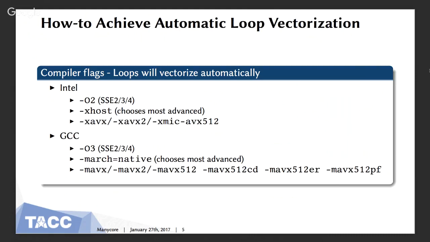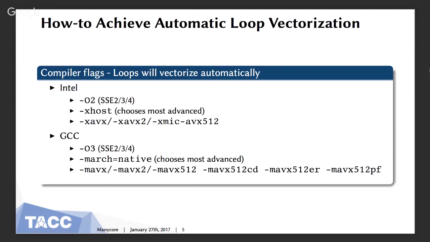If you weren't here this morning, optimization levels range from 0 to 3, with 0 being the least optimized, really not optimized at all, up to 3, which is the most heavily optimized. At this optimization level, the Intel compiler will give you SSE level vectorized instructions. And if you recall from this morning, those are instructions that operate on 2 double precision data elements simultaneously, 2 64-bit data elements simultaneously.